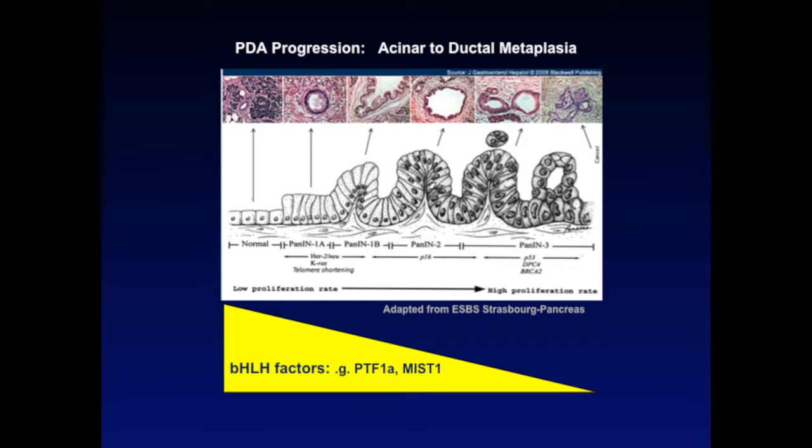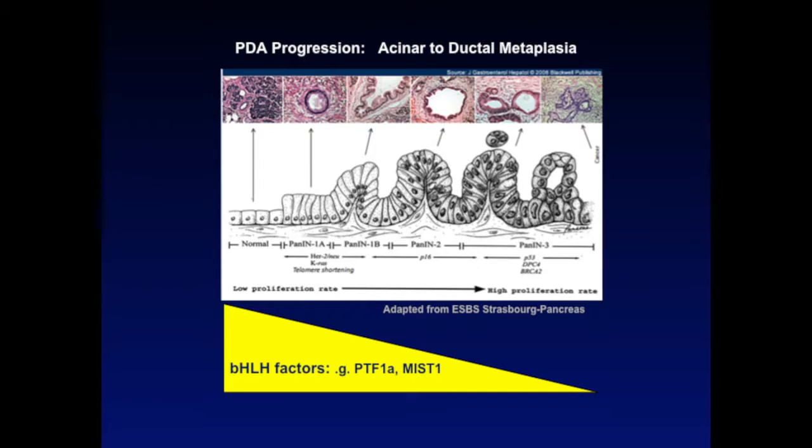And during that time, there is progressive loss of proteins from the basic helix-loop-helix transcription factor family, notably PTF1A, which is required for pancreas development and, in the adult pancreas, directly activates the acinar enzyme genes, and MIST1, which is an acinar maturation factor that regulates cell-cell contacts and the secretory pathways.